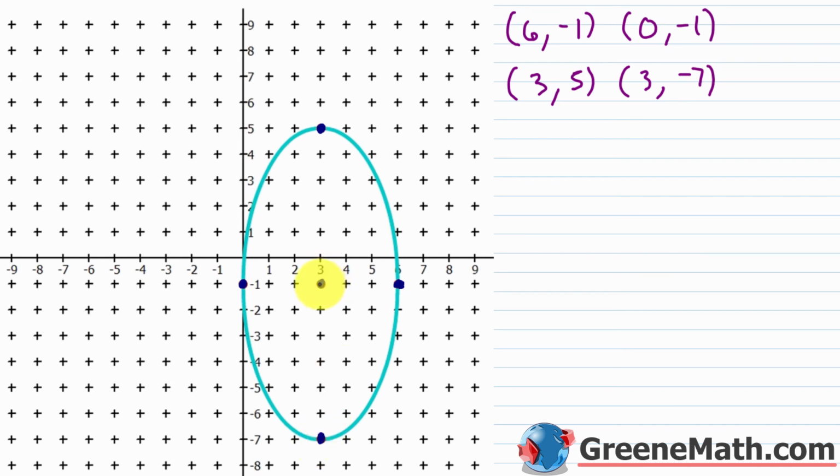Again, from the center, I'm moving 1, 2, 3, 4, 5, 6 units up, and 1, 2, 3, 4, 5, 6 units down. So that's how I would get my 4 points. And again, I'm just going to draw a smooth curve through the points. Okay, again, not perfect, but you get the general idea of what this guy would look like.